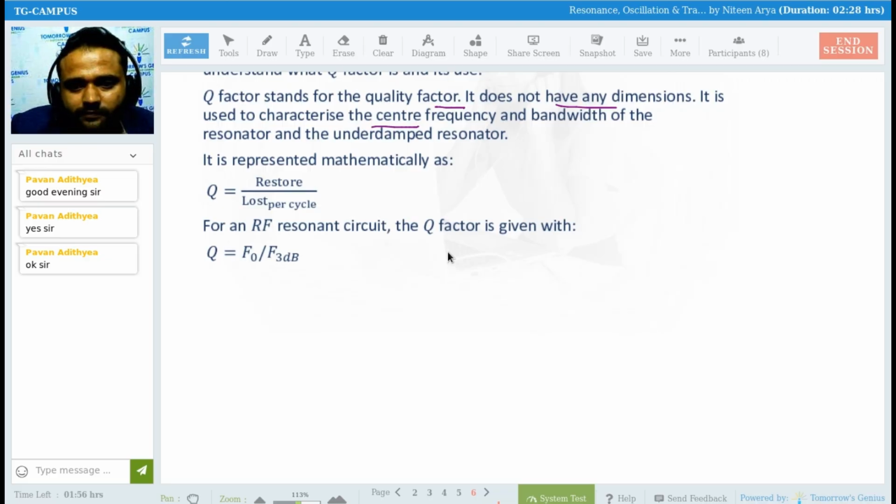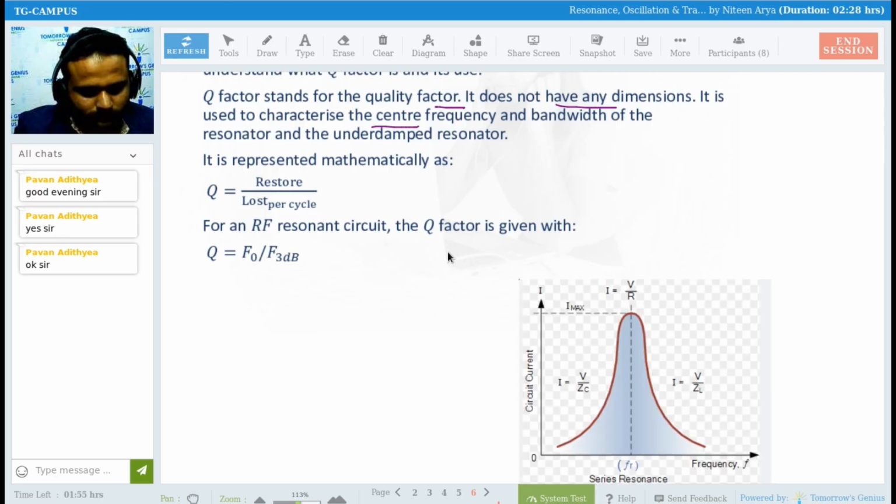Best picture I can find. Just a minute, beta.